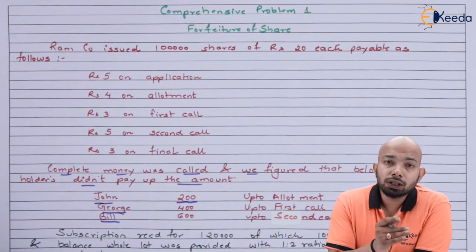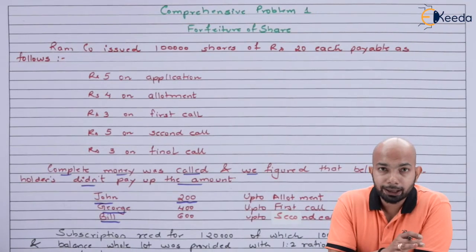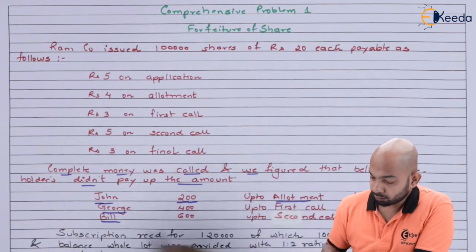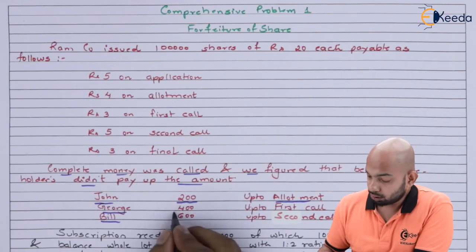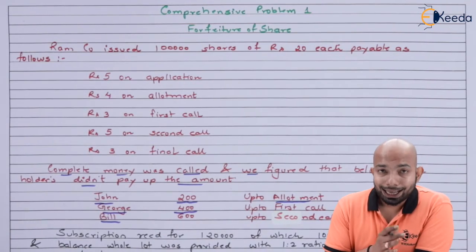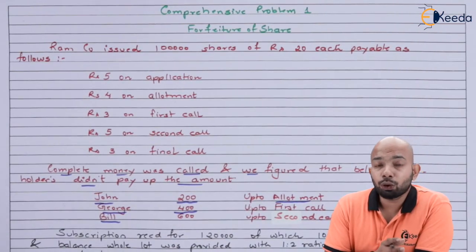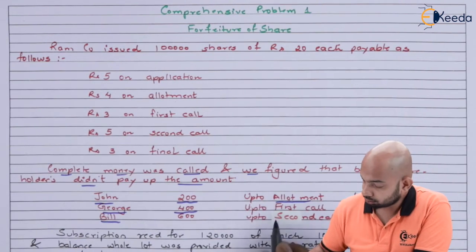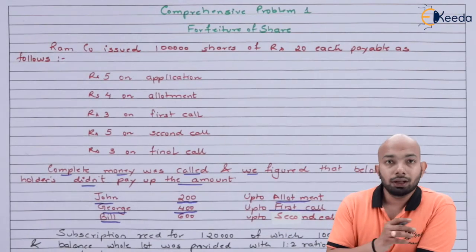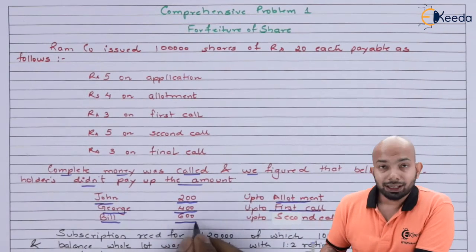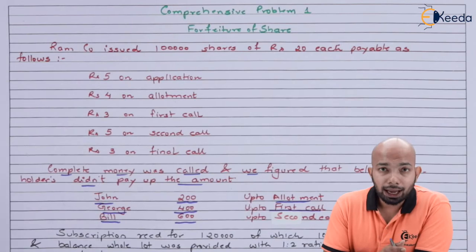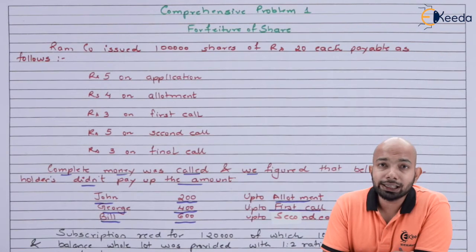That means the first, second and final call wasn't paid by him. George had 400 shares, and for those 400 shares, he only paid the amount until first call. Bill had 600 shares and he paid the amount only until the second call.